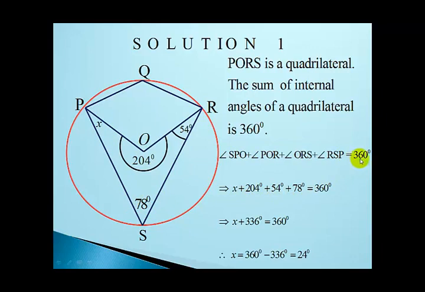This is equal to 360. So X plus 204 degrees plus 54 degrees plus 78 degrees is equal to 360 degrees.